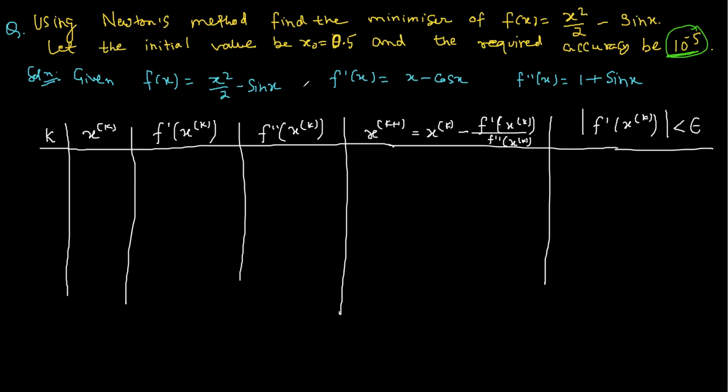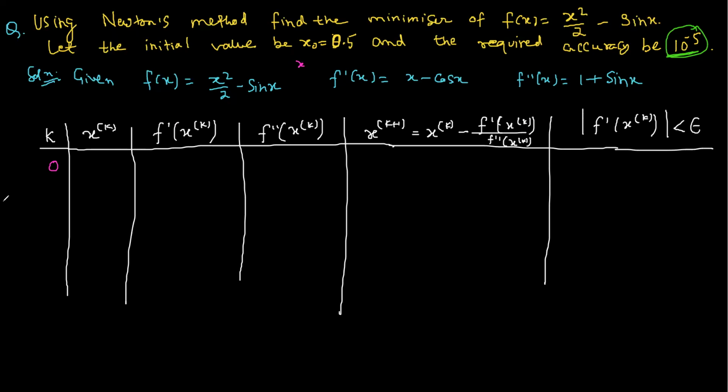So let's suppose k is 0. This is x0. You can also write this as x with subscript 0. Both are the same thing.